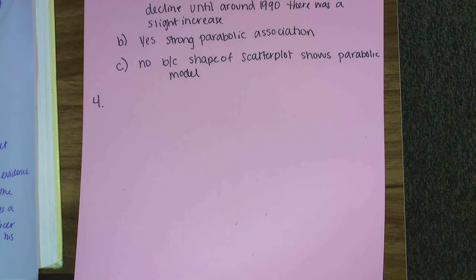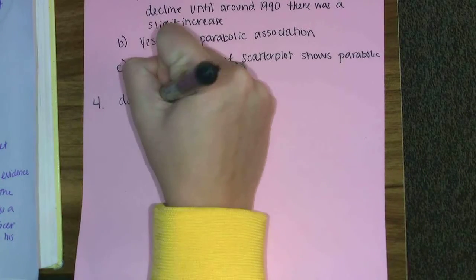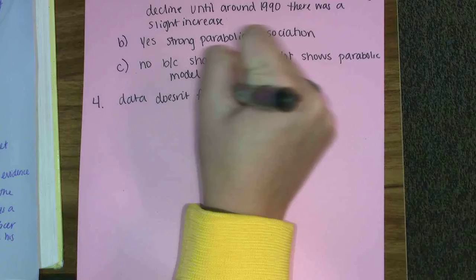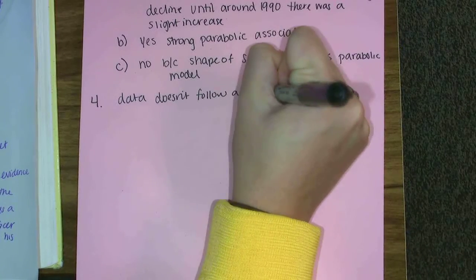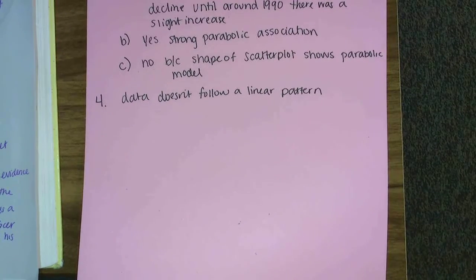So explain why fitting a linear model to these data might be misleading. Yeah, basically the data doesn't follow a linear pattern. Okay, the data kind of levels off.